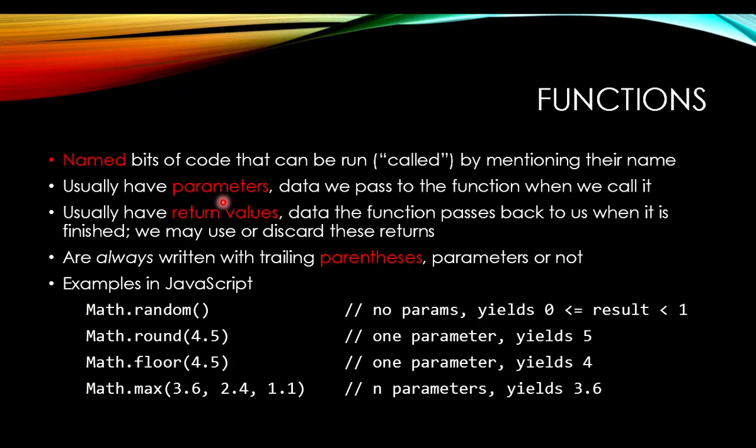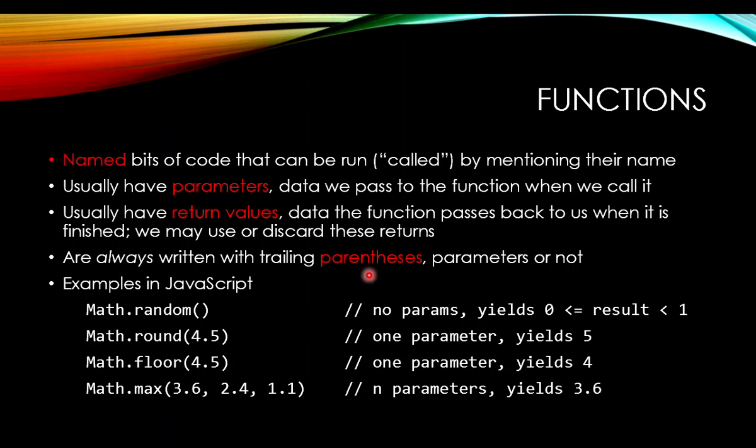The other thing is very often those functions give us data back. So we pass it something, it does some work, and then it gives us something back, and those are called returns or return values. So we can give it something, it can do some work, and it can give us back a return. The other thing that's important is that there are always parentheses when we talk about these functions.